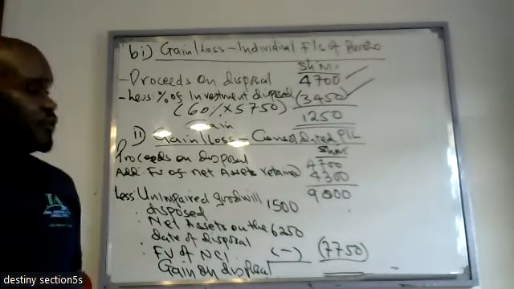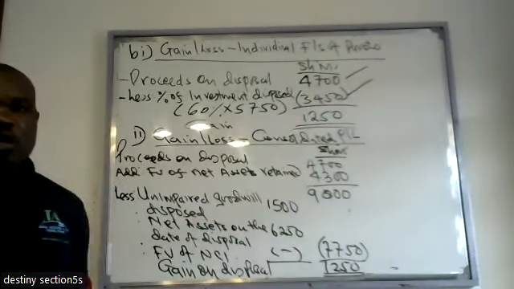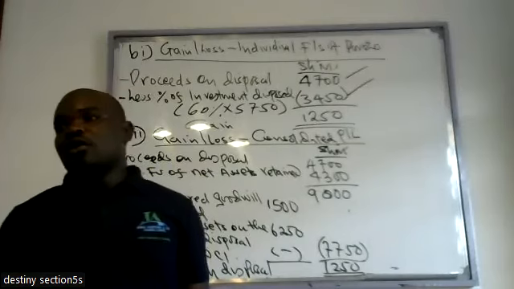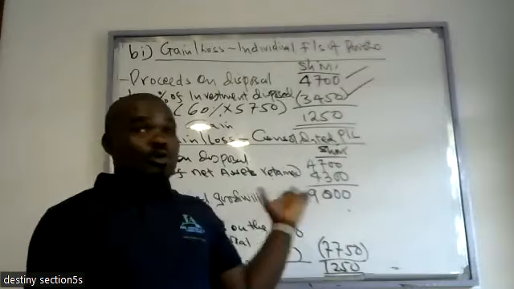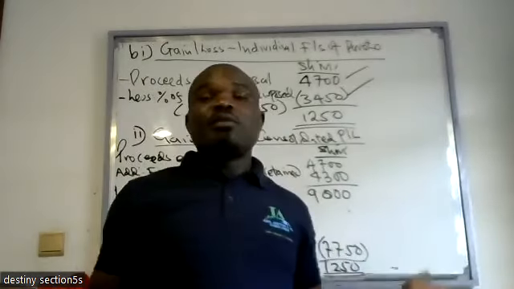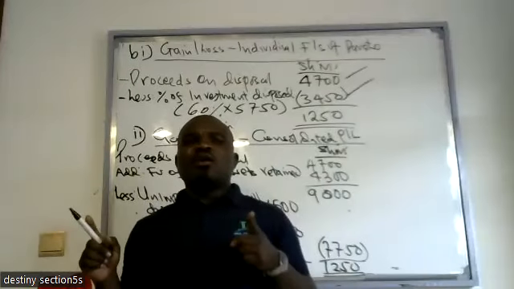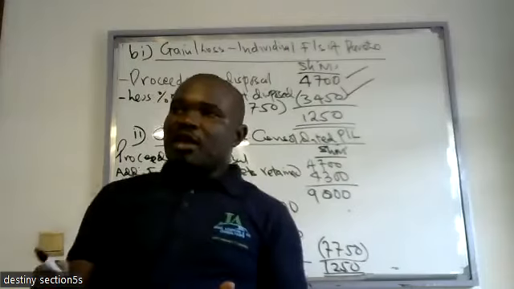What if goodwill was not impaired? Like in this case, goodwill was not impaired. There was no impairment loss. So what if goodwill was impaired? Then we impair, then what remains is the unimpaired goodwill.